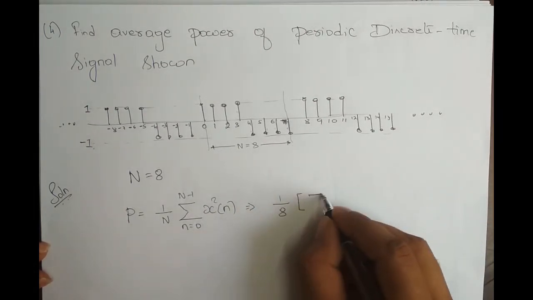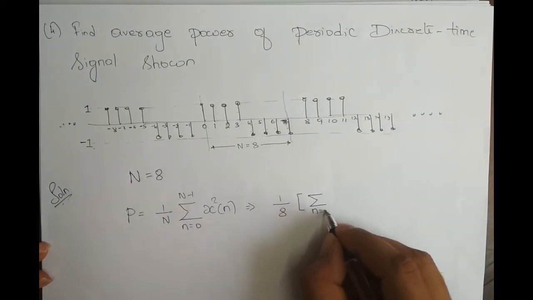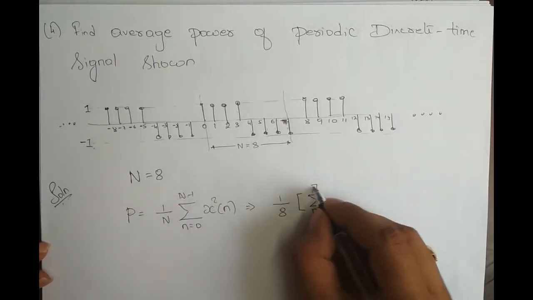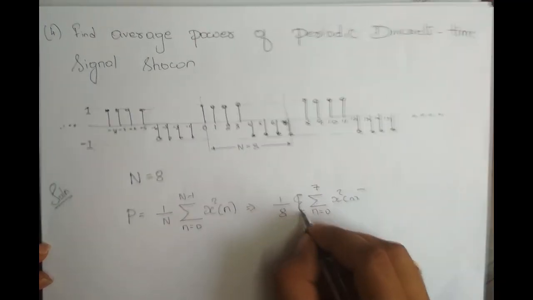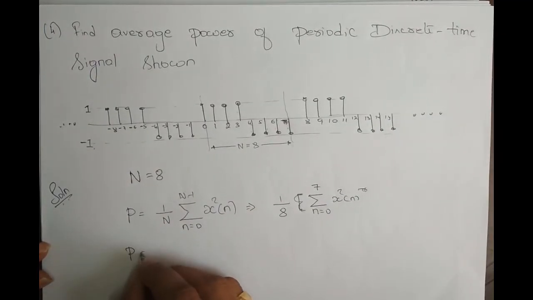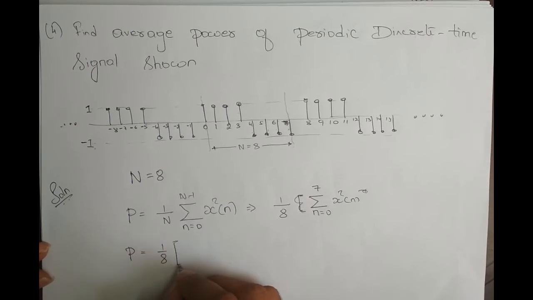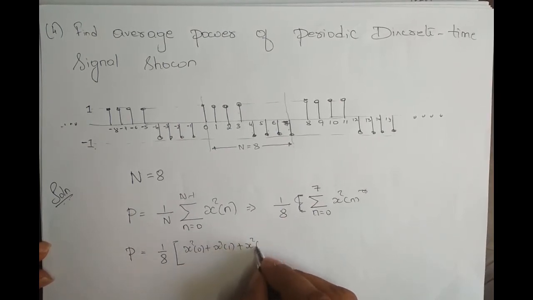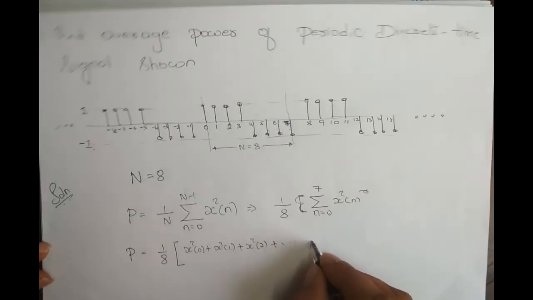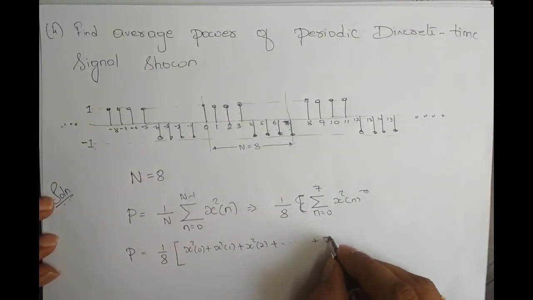If I expand the summation for n from 0 to 7, I get x square of 0, plus when n equals 1, x square of 1, plus when n equals 2, x square of 2, plus and so on, until the last sample, x square of 7.